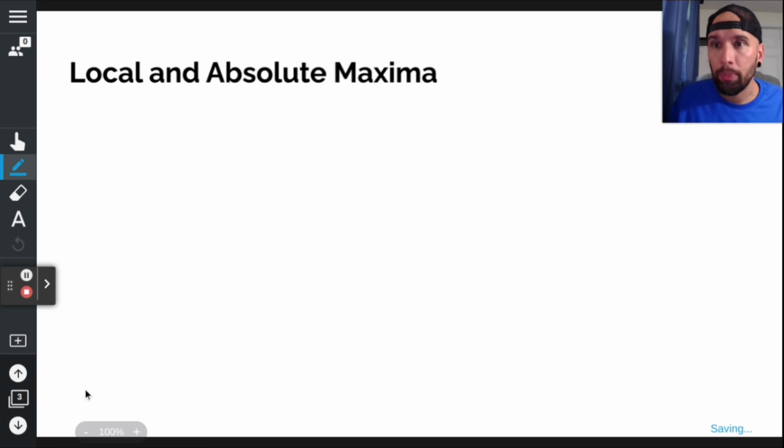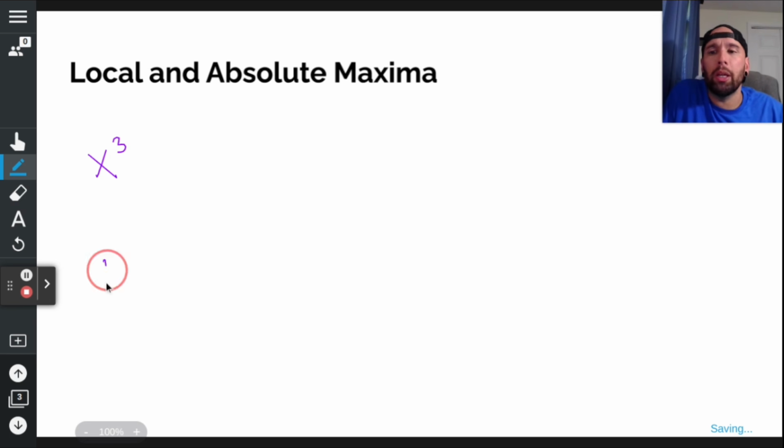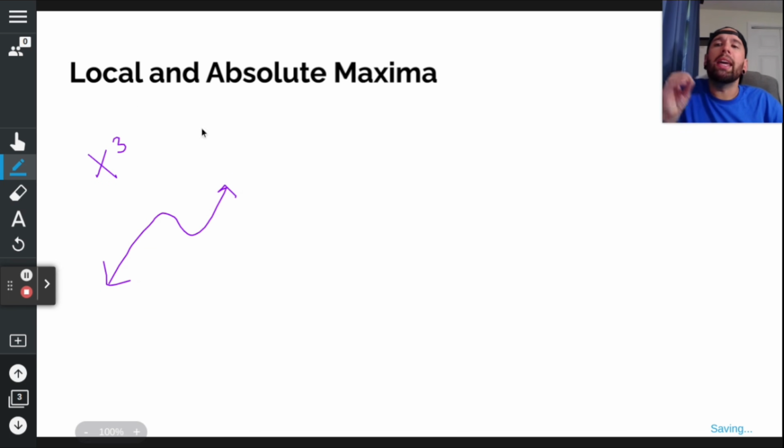Now, we're going to talk about local and absolute maxima. Now, what if I took just a sample cubic, right? Looks something like this. I know things are going to end up in infinity all the way to the left and all the way to the right. That's great.